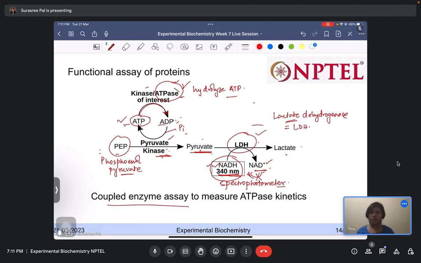This is one of the various types of functional assays we can develop for our proteins. Depending on the function of our protein, we can design functional assays to determine its activity, whether it is ATPase activity or some other enzymatic activity. So this is a coupled enzyme assay system to measure the ATPase kinetics of the ATPase of our interest.